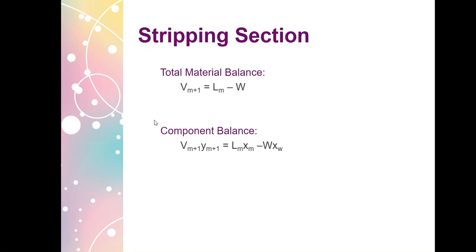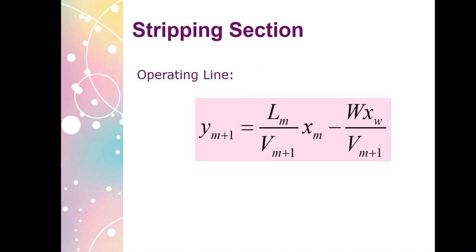Just like your enriching section, we also have a total material balance for this section, and its component balance is of course patterned also from its total material balance. And the operating line for the stripping section is given by this.